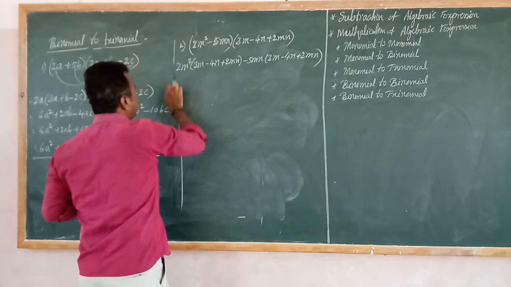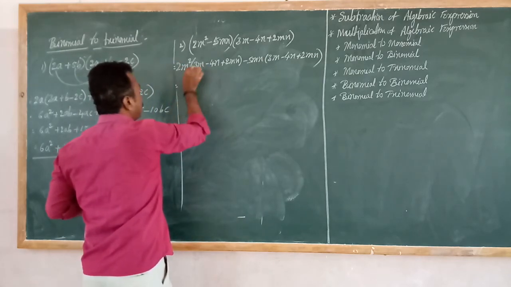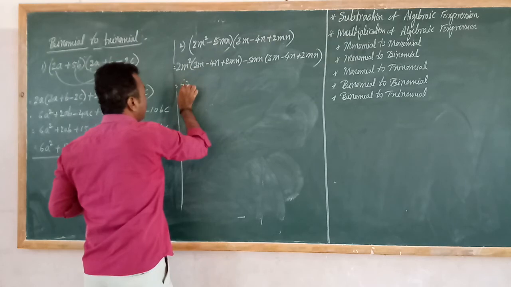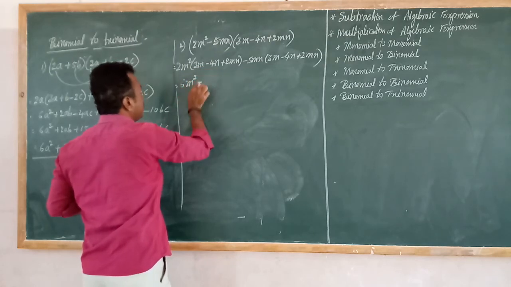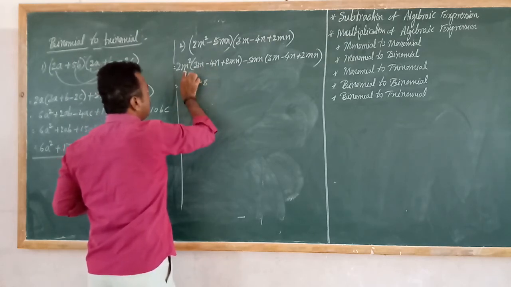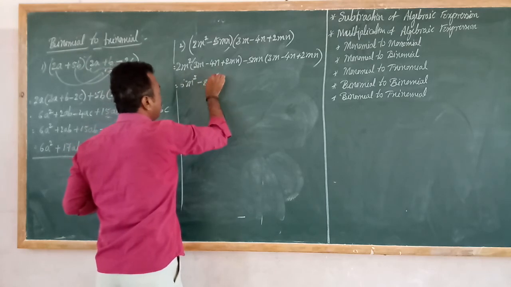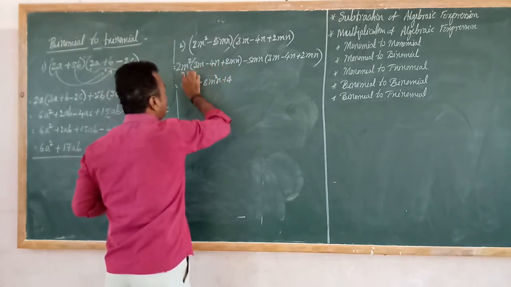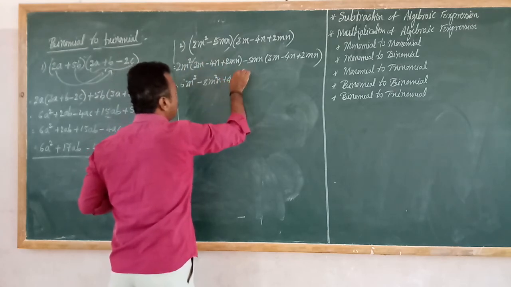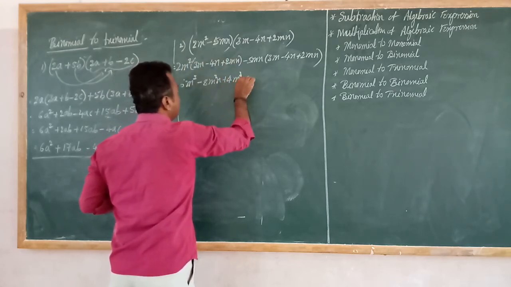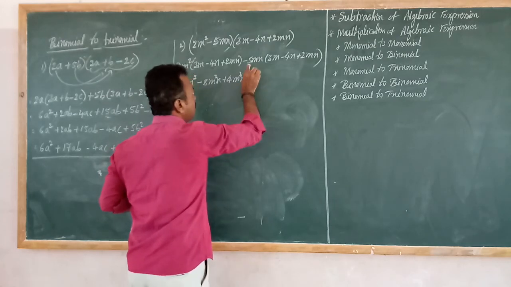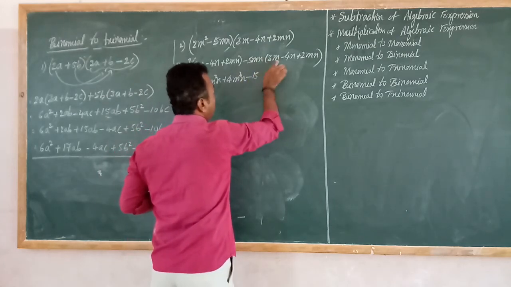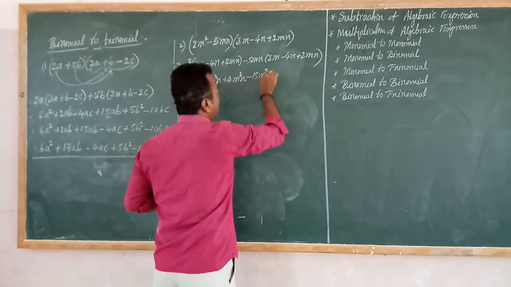Next, 2 3s are 6, m square into m, m cube; minus 2 4s are 8, m square into n, m square n; plus 2 2s are 4, here m square, here m cube, here n as it is. Then come to these terms: minus 5 3s are 15, m into m square n.